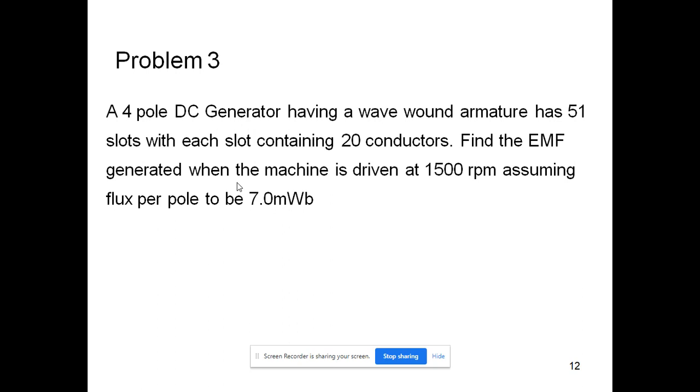Here, this type of winding is wave type, wave wound type armature winding. Here, the number of parallel paths, which is represented by A, is 2. In the EMF equation, where there is A, we have to substitute 2 for wave wound generators. Now let us see the given data.